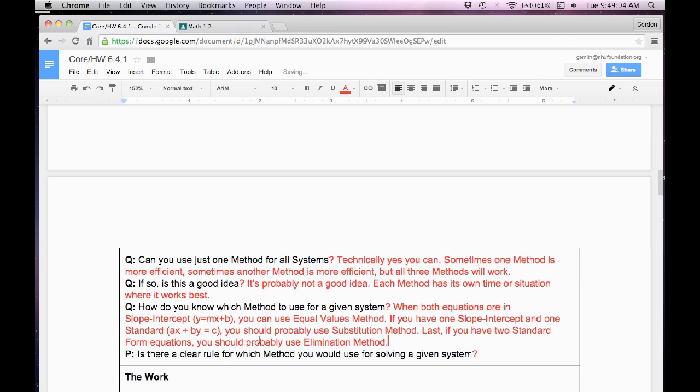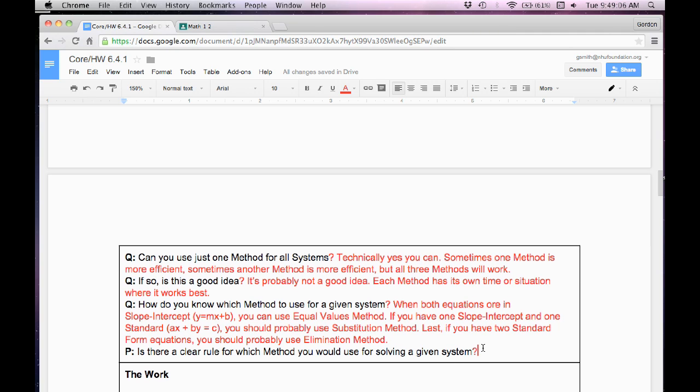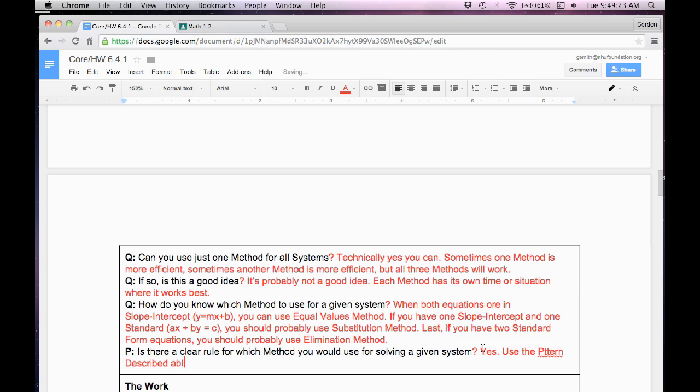Is there a clear rule for which method you use for solving systems? Yes. Use the pattern described above, depending on which two equation forms you have. That doesn't say above, and that doesn't say pattern. Jeez, typing is not happening today.